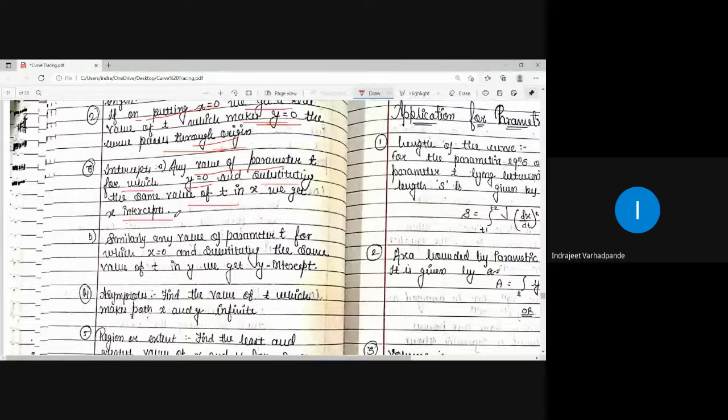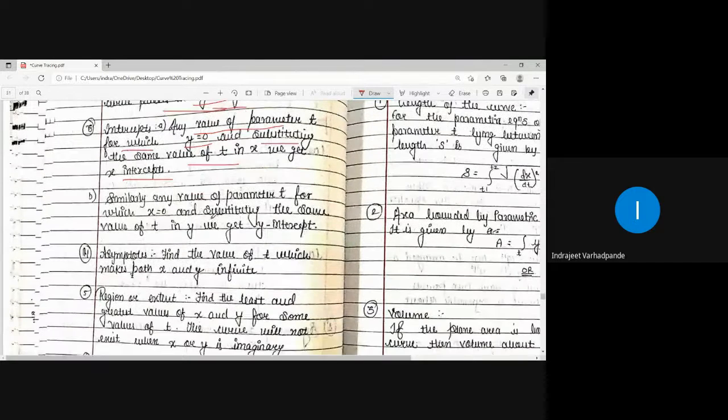What is most required is obtaining the value of parameter t so as to get the x-intercept. On the other hand, for any value of parameter t for which x is 0, substituting the same value of t in y, we get the y-intercept.